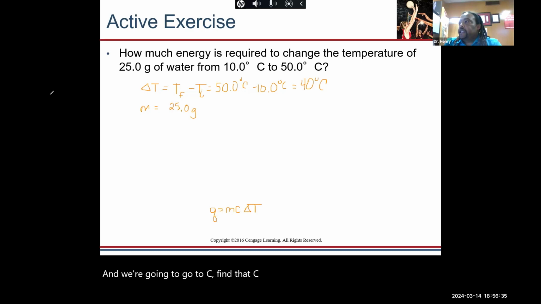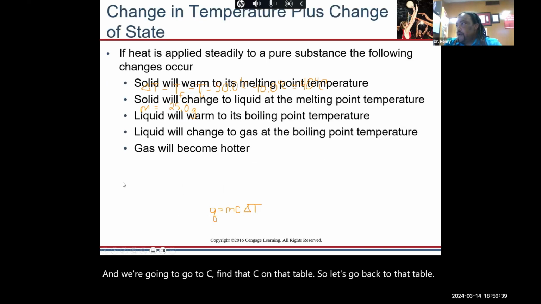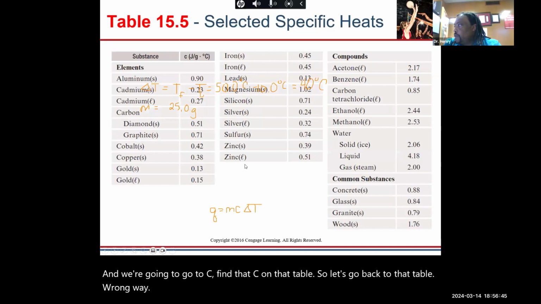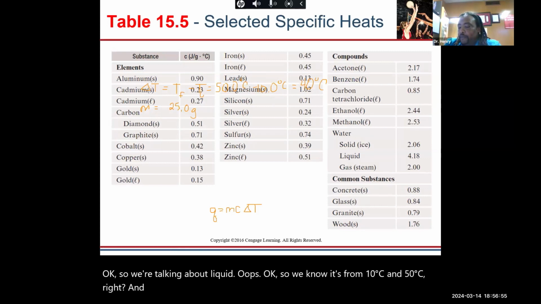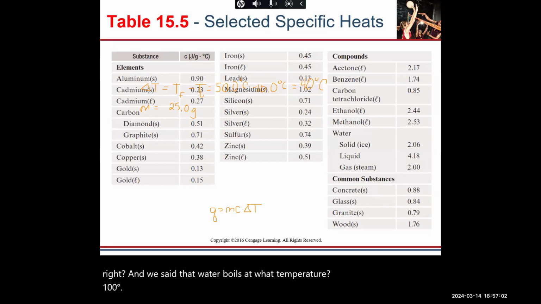So let's go back to that table. Okay, so we're talking about liquid. We know it's from 10 degrees Celsius to 50 degrees Celsius, right? And we said that water boils at what temperature? 100 degrees. Okay, 100 degrees.